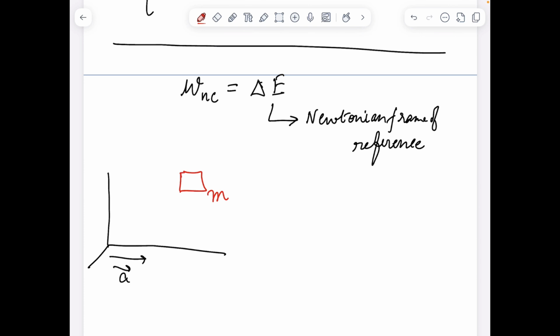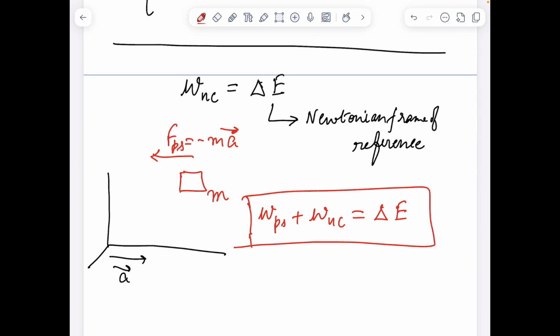What we do is we add a zero force to this mass, which is equal to negative m a vector, where of course a vector is the acceleration of the frame of reference. Then we also consider the work of the zero force in the work energy theorem. So we write the work of the zero force plus the work of the non-conservative force is equal to the change in the mechanical energy of the system. So there we have it, the expression for the work energy theorem in the case of a non-Newtonian frame of reference.